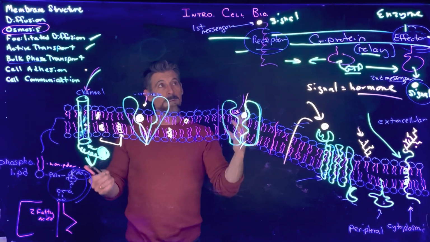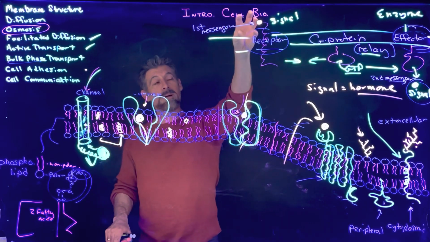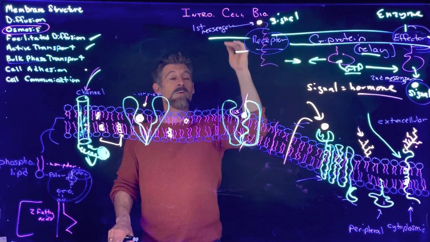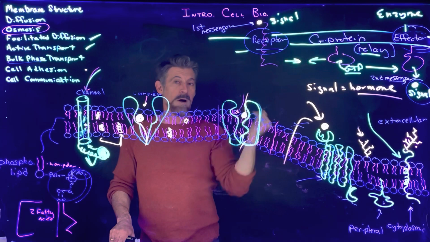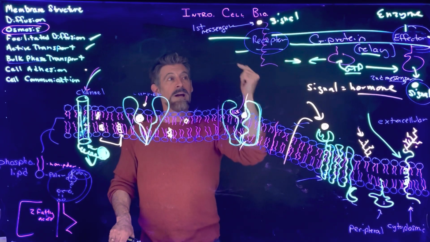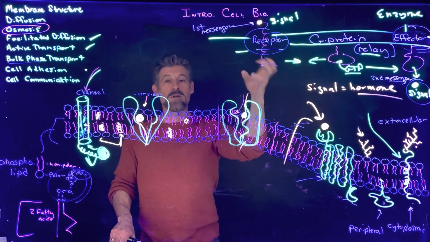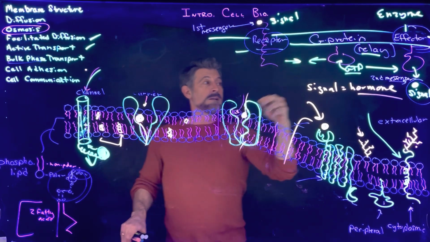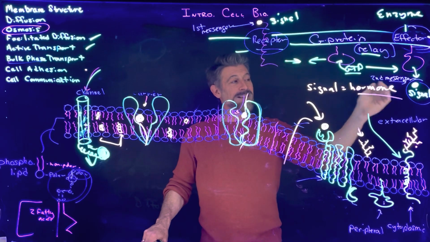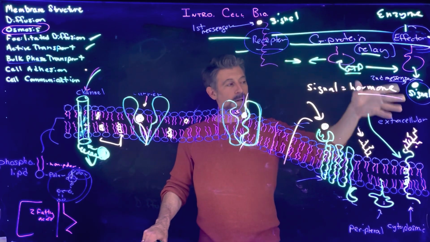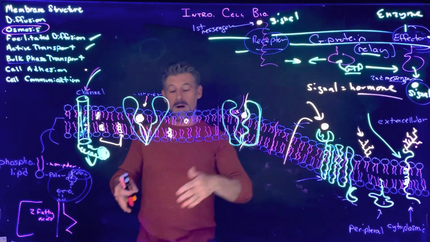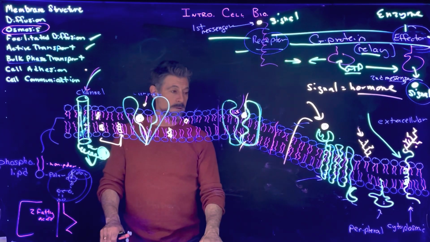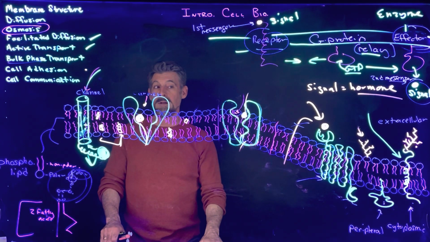But overall, communication in cells involves specific binding to membrane proteins and then the relay of information, not molecules, information into the cell. And the information is relayed through the change in shape of the proteins, not through the individual molecules. Sometimes new molecules are made inside cells that are second messengers, and then they bind to other things to carry out work or jobs inside the cell.